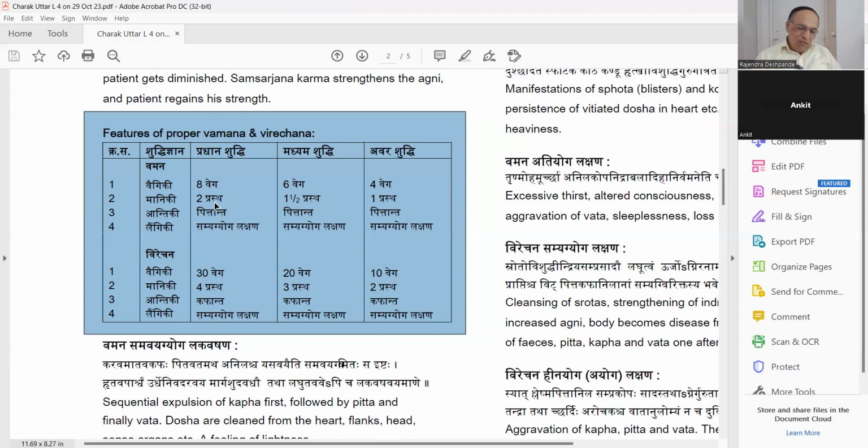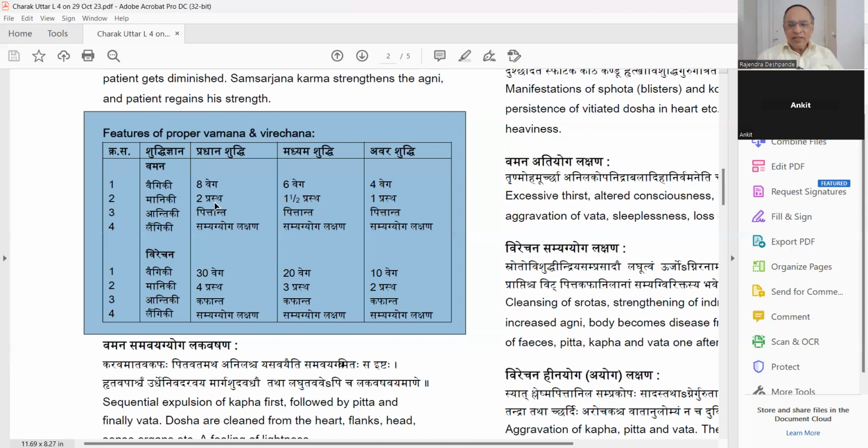Please write down: 1 prastha is equal to approximately 54 or up to 64 tola, T-O-L-A. Tola is also a measurement from that time. Then you will ask, sir, what is tola in ml? 1 tola is equal to 10 ml.